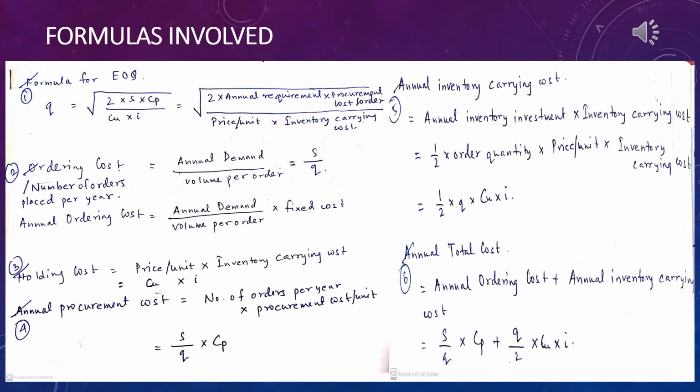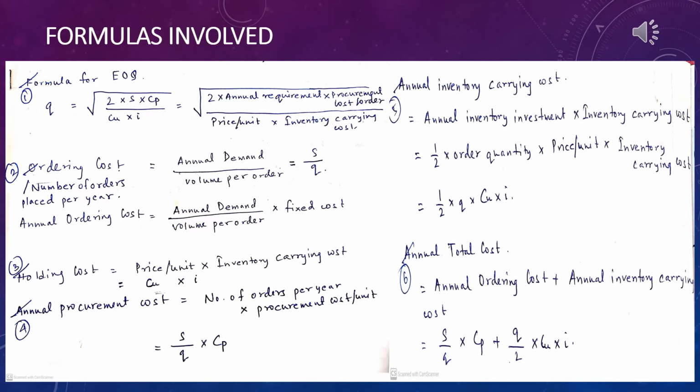If ordering cost is equal to inventory carrying cost, you can try the calculation at home. I'm again repeating how to calculate EOQ. If EOQ is the minimum point, then ordering cost at that point becomes equal to inventory carrying cost.